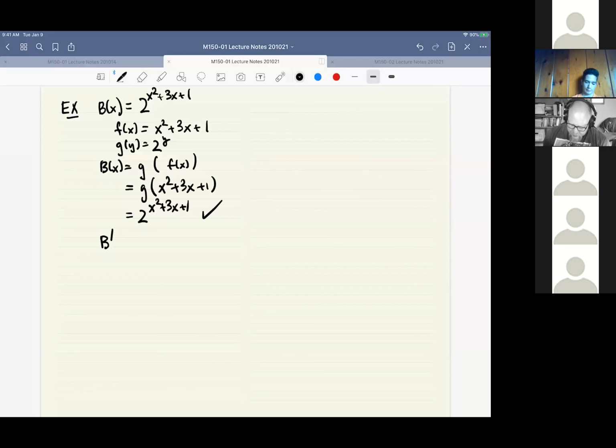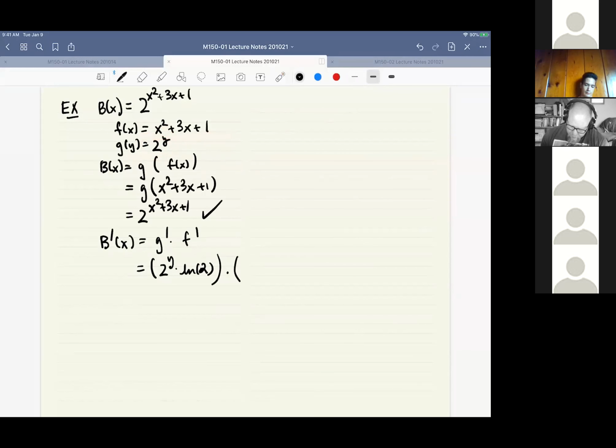So then the chain rule tells me b prime is g prime times f prime. Well, what's g prime? Well, g prime, that's the derivative of 2 to the y. So we know that's 2 to the y times the natural log of 2. And f prime, well, that's easy.